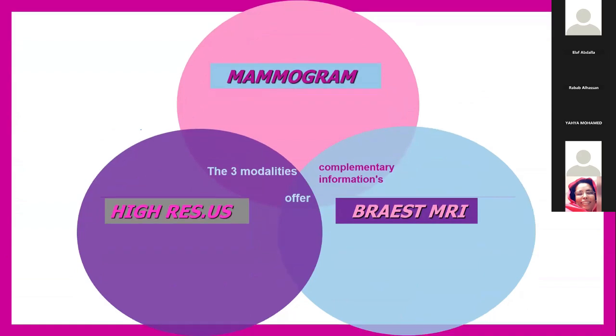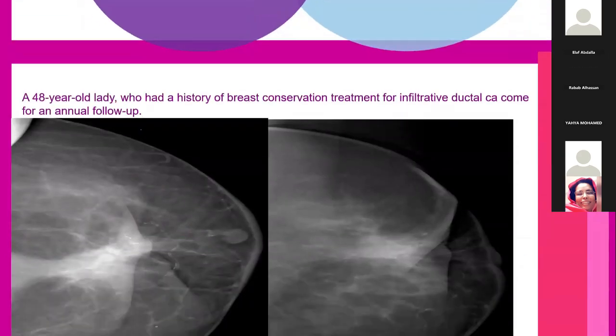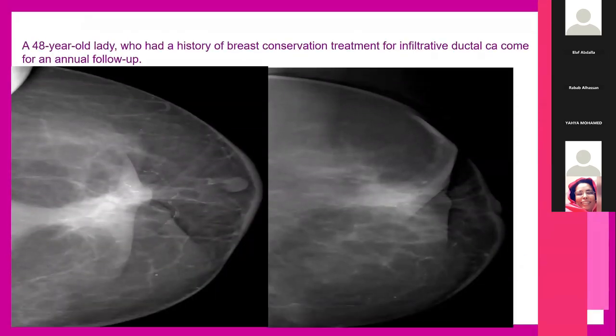Okay, this is another entity regarding scar carcinoma. And if you look here, it is difficult for us to tell if there is a scar carcinoma or there is no scar carcinoma. And usually we depend on the follow-up comparison with the previous, okay? In the follow-up, we compare with the previous.